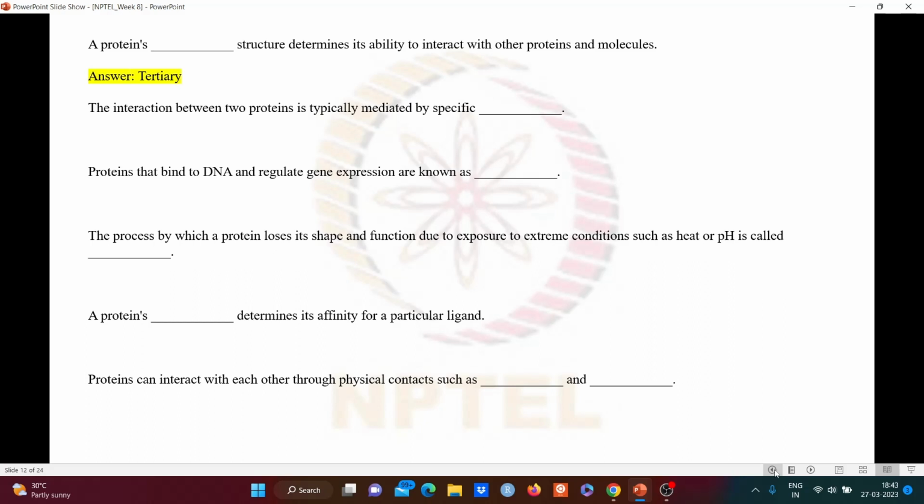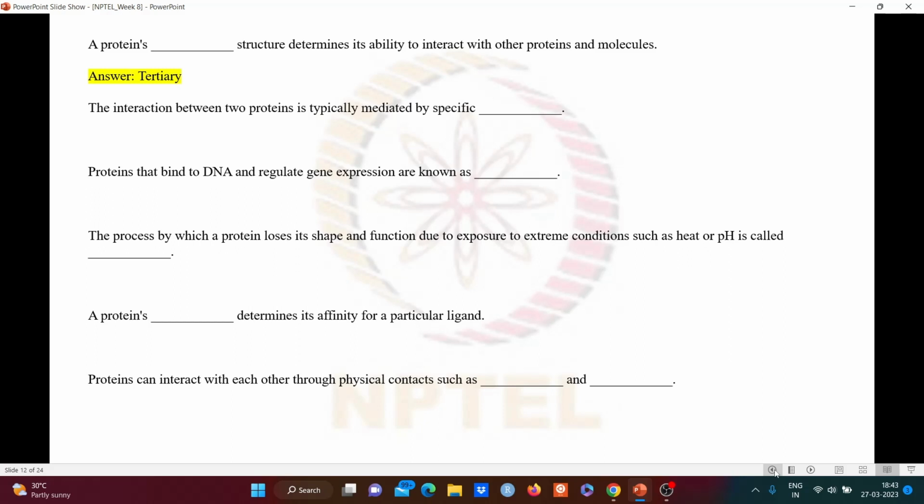Moving forward to the second one, the interaction between the two proteins is typically mediated by specific... After this, I have only two more slides, and then we'll be moving to today's actual problem solving session.